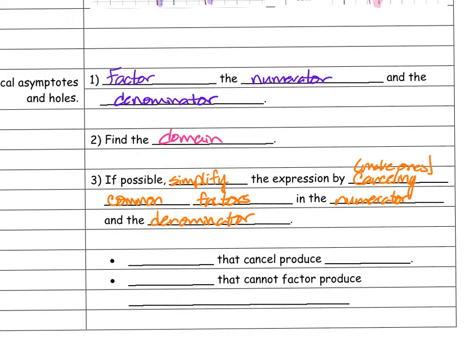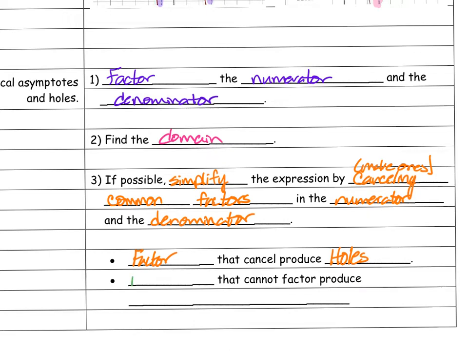So what we get is two things once we simplify. Factors that cancel produce holes. So anything that I cancel or make a 1, in that spot there's a hole.